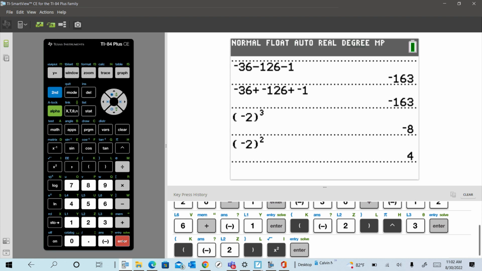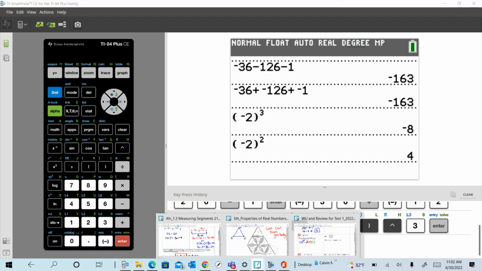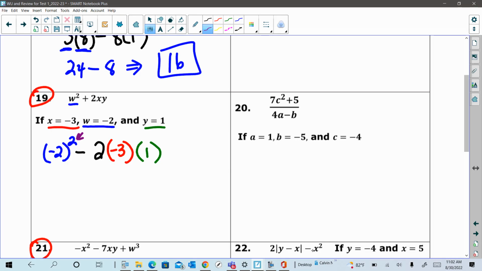So that makes it a +4. That was the other reason why people were missing this, is that you're not understanding what happens to the sign when it's a positive, when it's an even exponent versus an odd exponent. So you need to use your calculator to check your work. So this comes out to be 4, or changes to 4.